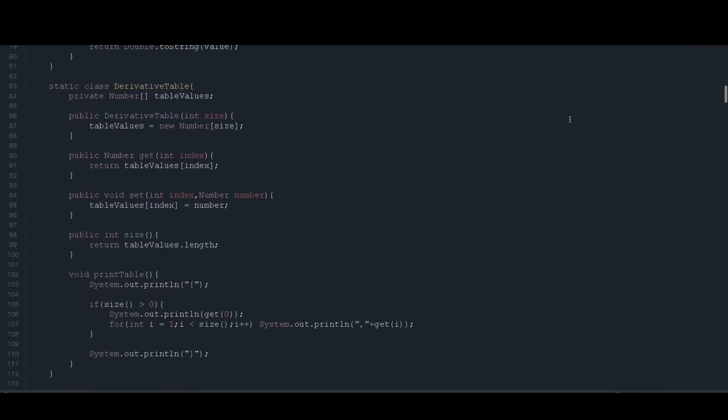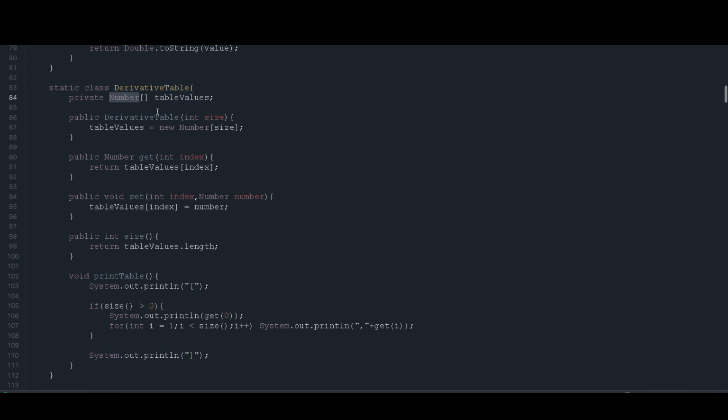And then I define a derivative table. This holds the list of derivatives, which is useful throughout the algorithm, all over the place. The 0th index would be the 0th derivative, and then the last one would be the n-1 derivative. So this just keeps track of all the derivatives as a number. Remember, the derivative is being computed at a point, so we can just calculate the number.